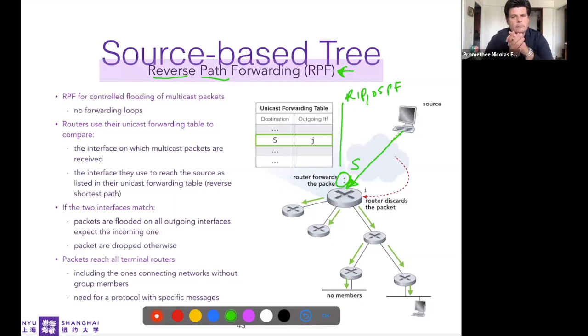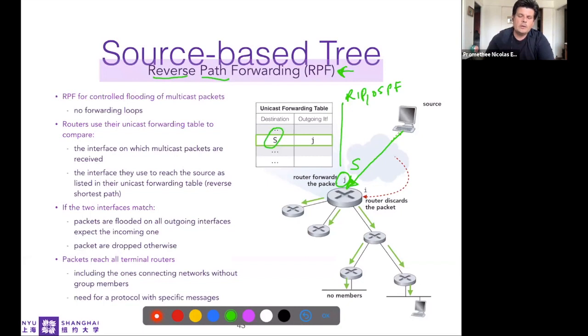And I'm going to check in the table. I'm going to ask the following question: okay, I'm receiving this on that interface. Is this the interface that I would use if I need to send traffic back to the source? Is this the shortest path to the source? Yes or no? So I'm comparing this to my table.